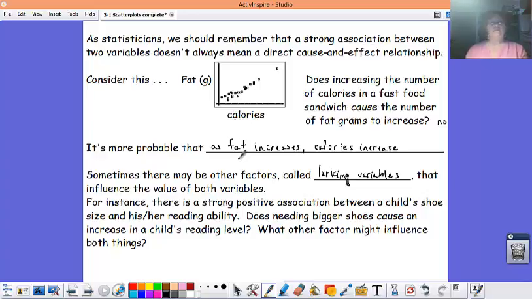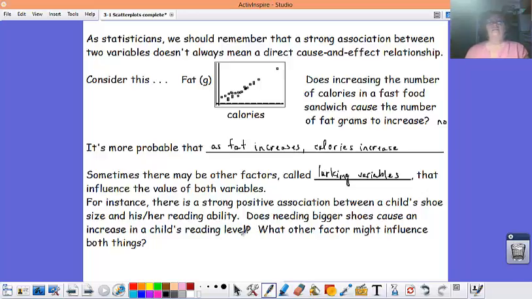I want to give you a for instance here, and this is true. This is fact. There's a strong positive association between a child's shoe size and his or her reading ability, which sounds kind of weird when you think about it. How could shoes have any effect at all on reading ability? When you need bigger shoes, does that mean that you have increased reading? Well, it doesn't cause an increase.